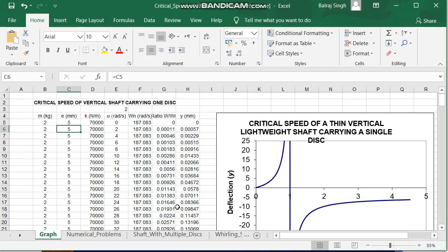We'll now see the practical implications of this equation in day-to-day life. For example, washing machines or mixer grinders usually operate in the frequency domain on the right, beyond the resonant frequency. So they have to cross over the resonant frequency during operation.